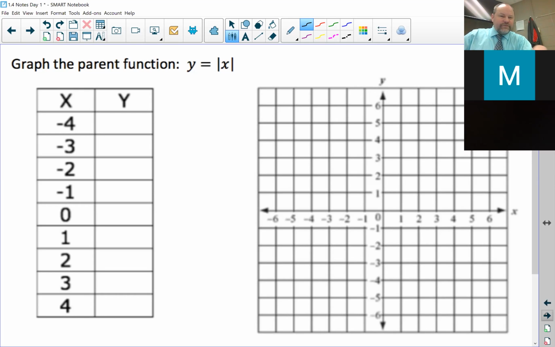So if I plug in -4 for x, what is the absolute value of -4? -4 is 4 units away from 0. So the absolute value of -4 is +4. Absolute value of -3 is +3.